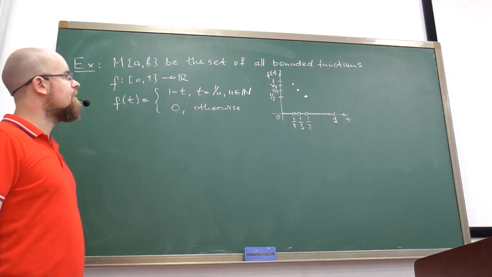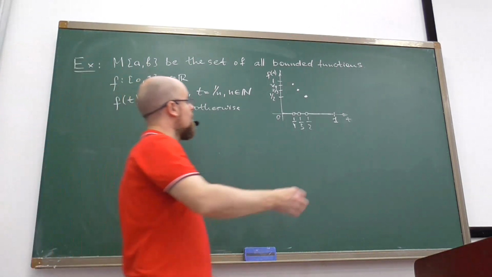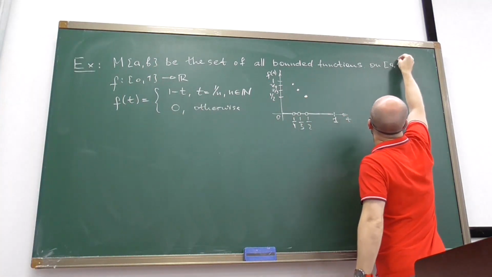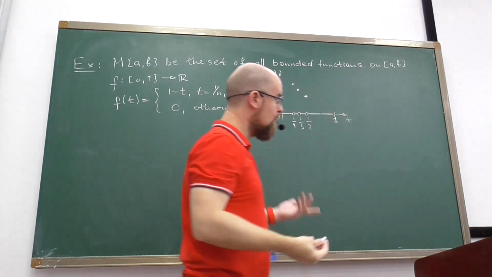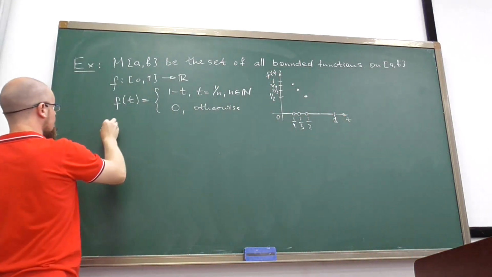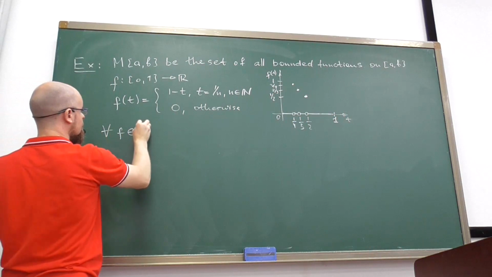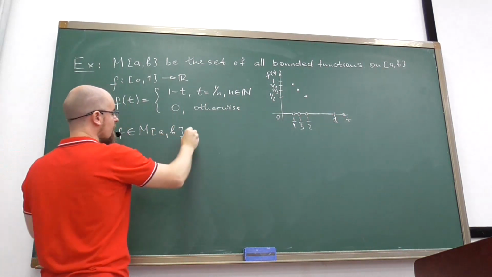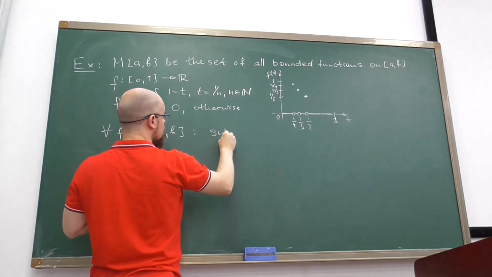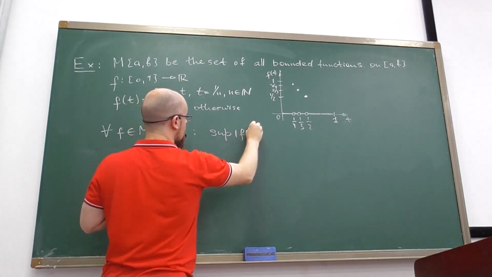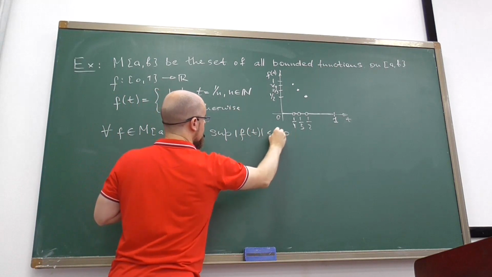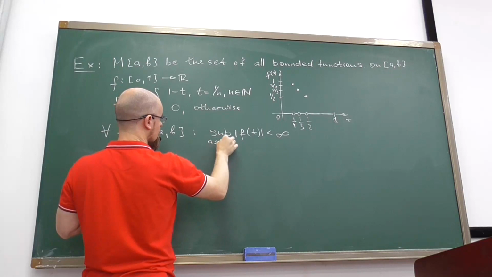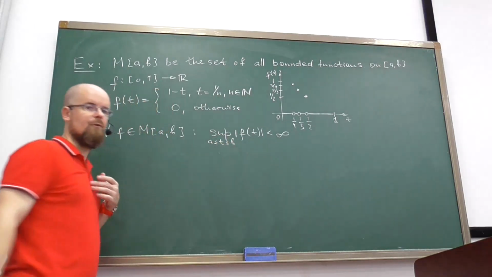M[a, b] is the set of all bounded functions on the interval [a, b]. And we know that for every function f from M[a, b], since it's bounded, its supremum is finite.